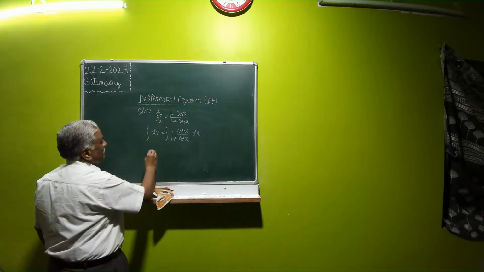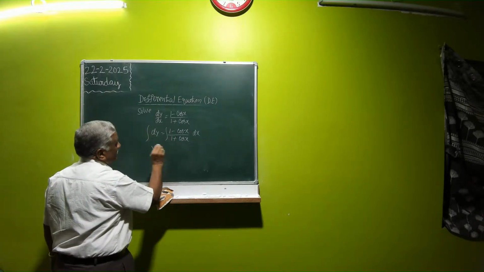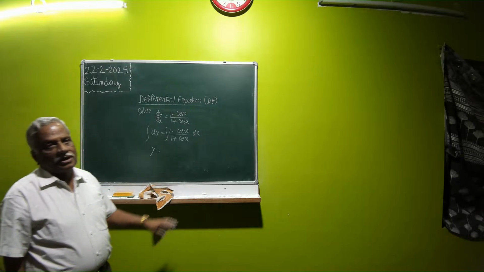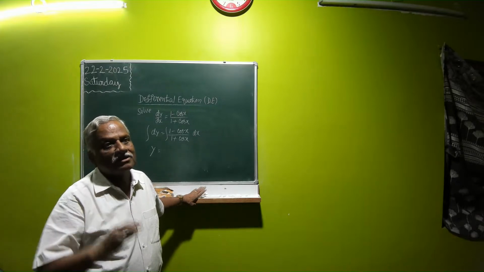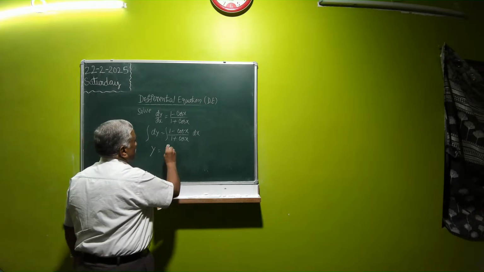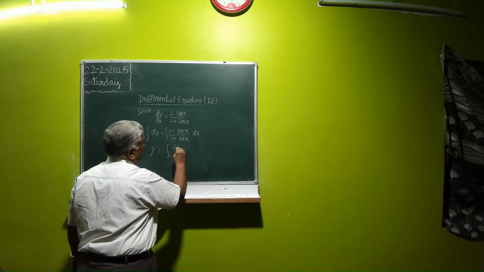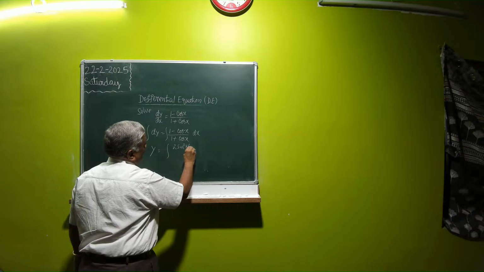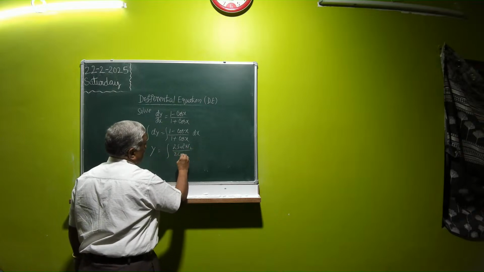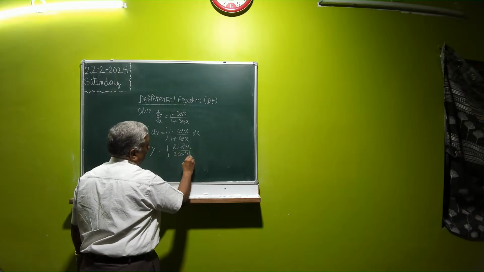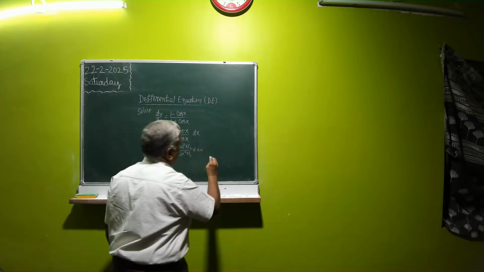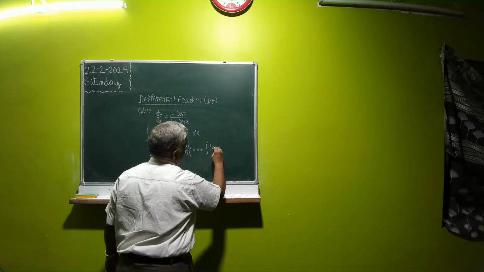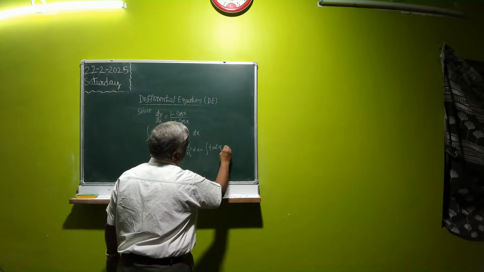Integration of dy is very easy: dy is y. How to integrate (1 minus cos x) over (1 plus cos x)? You have to recall. What is 1 minus cos x? 2 sin square x by 2. What is 1 plus cos x? 2 cos square x by 2. The 2 and 2 cancel. What do you get? Tan square x by 2 dx.